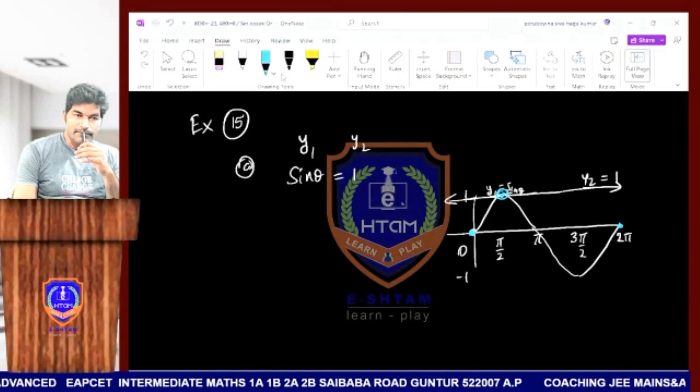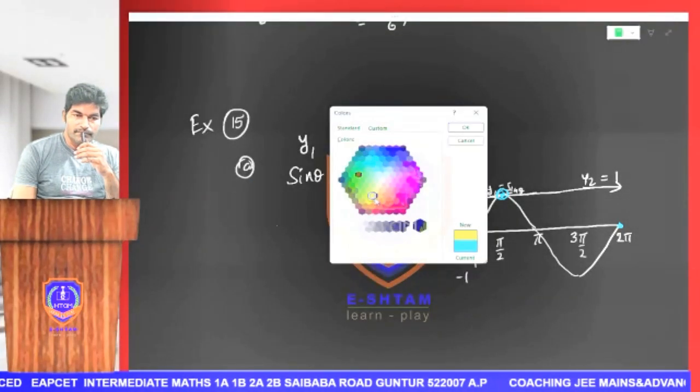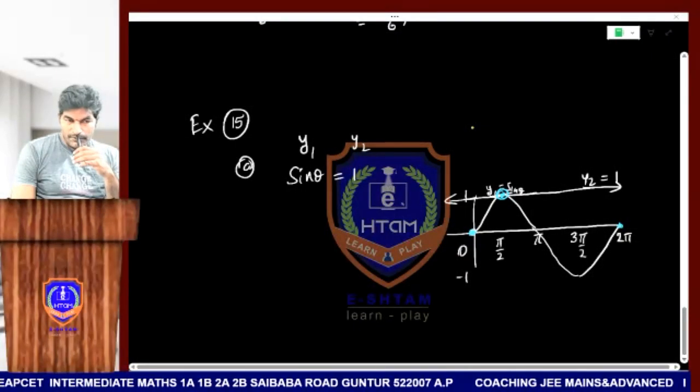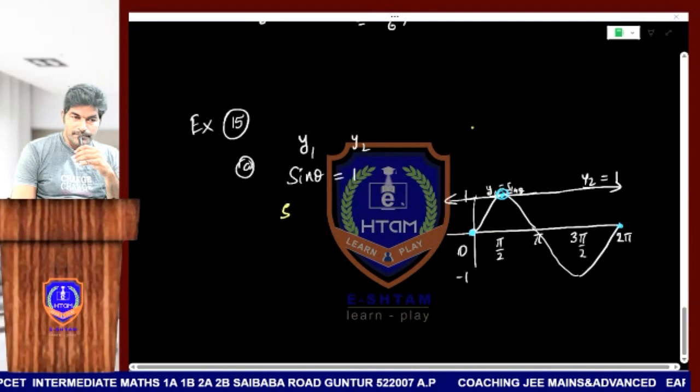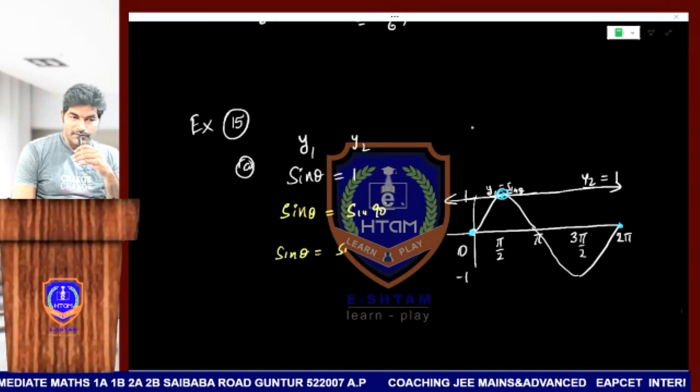So write down the same: sin theta equal to sin 90, or you can also write sin pi by 2.